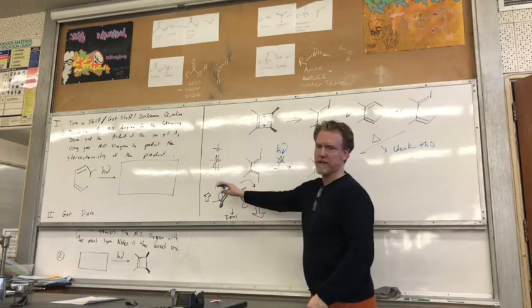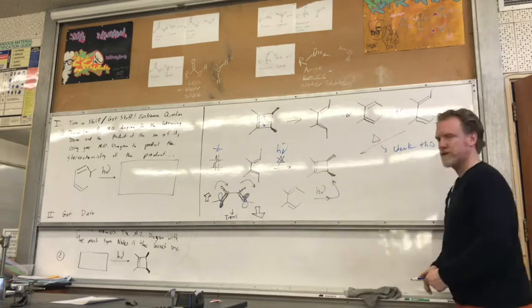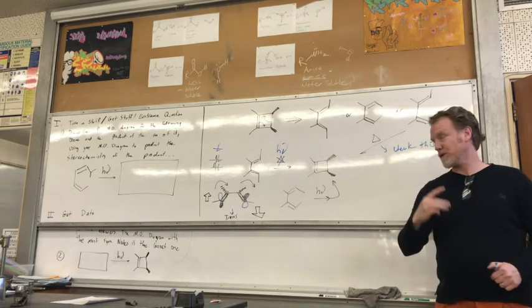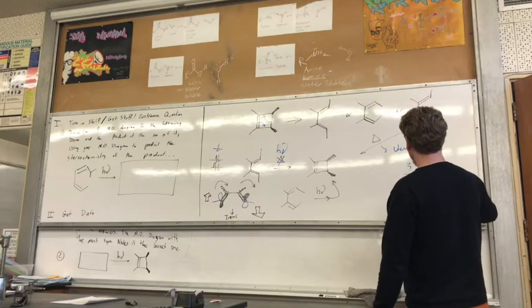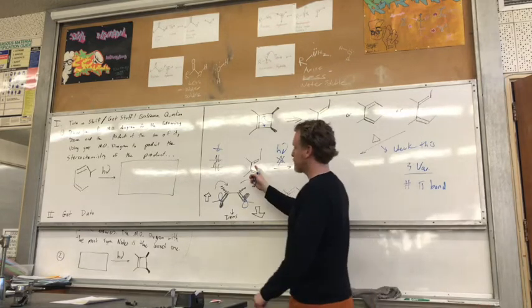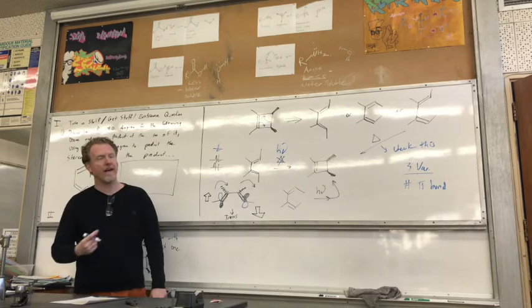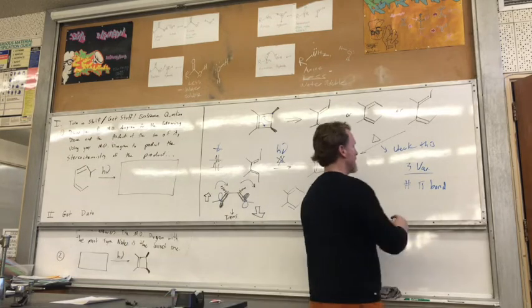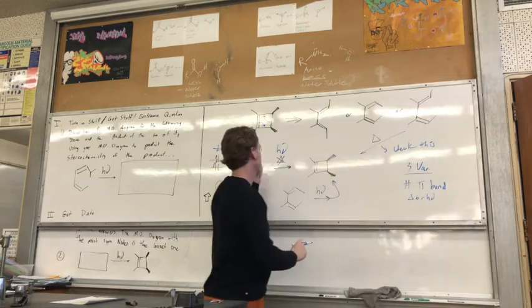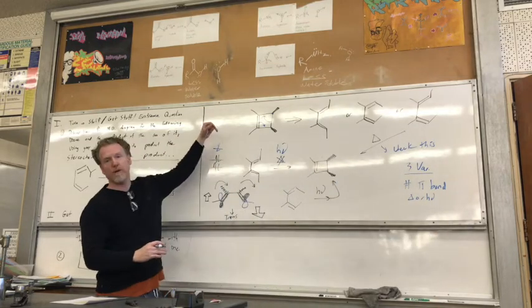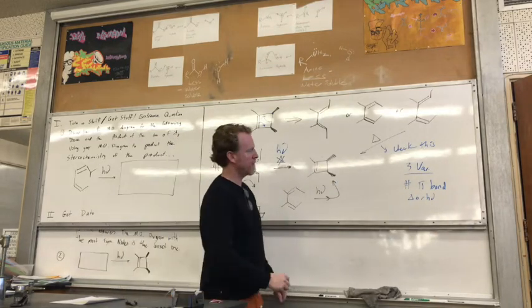Go through the process. So in these reactions, there are 3 variables. There's the number of pi bonds. This one has 2 pi bonds, 2 alkenes. Then there's the heat or light, because the light promotes you up to different symmetry orbitals.